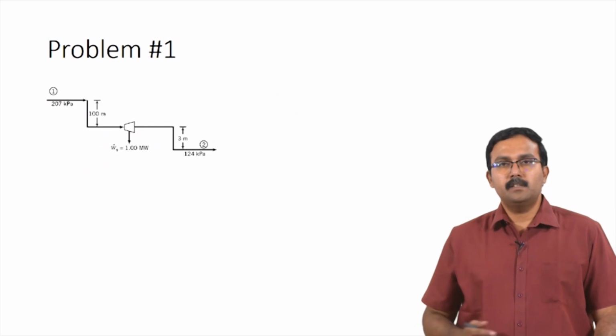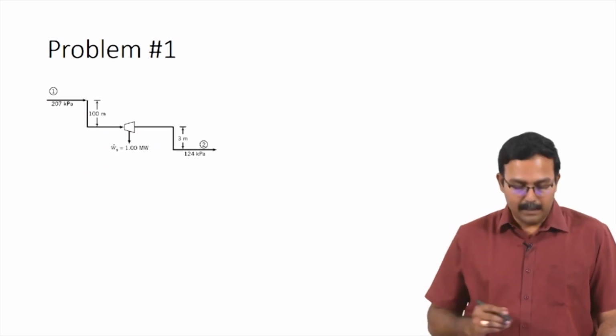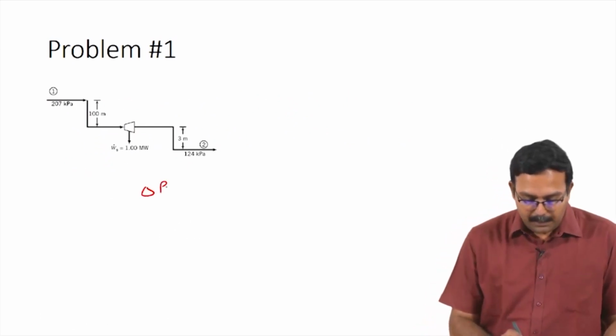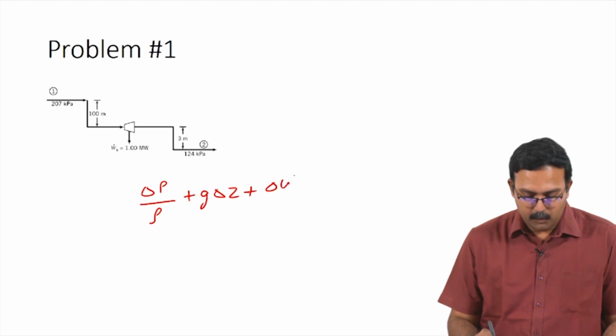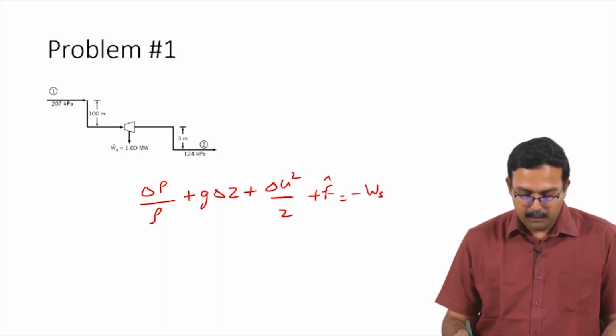The general equation for the mechanical energy balance can be written as delta P divided by rho plus g delta z plus delta u squared by 2 plus F cap equals minus Ws dot divided by m dot.